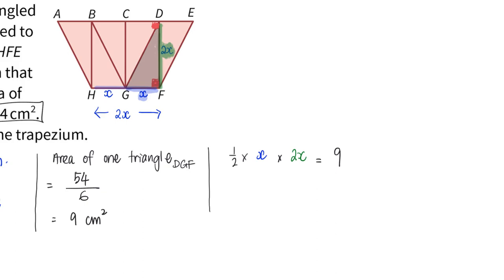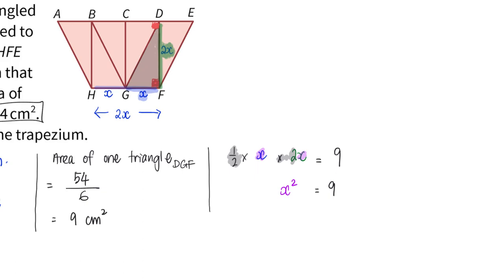So I'm going to solve this equation now. Half times 2 is 1. X times x gives us x to the power 2. 1x squared is equal to 9.